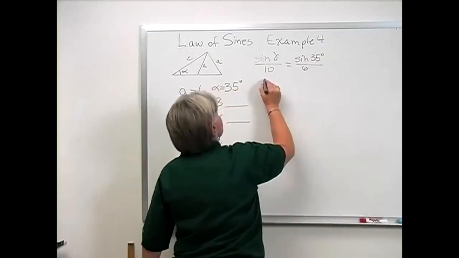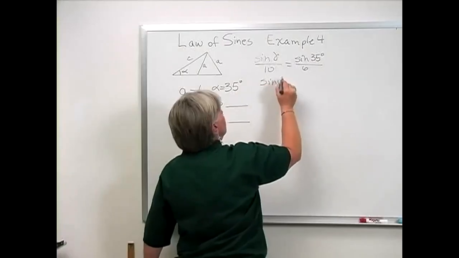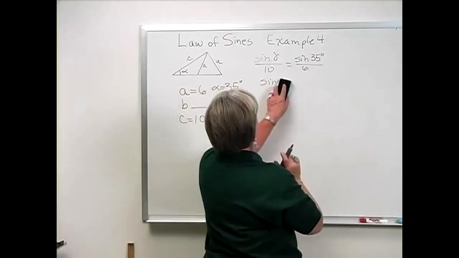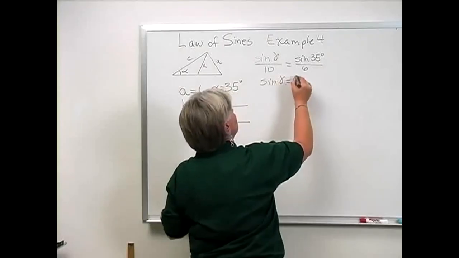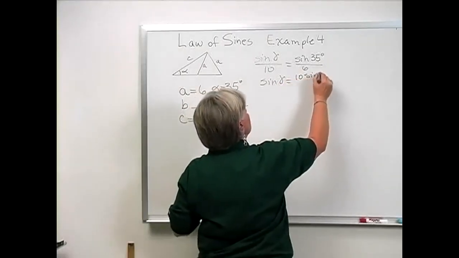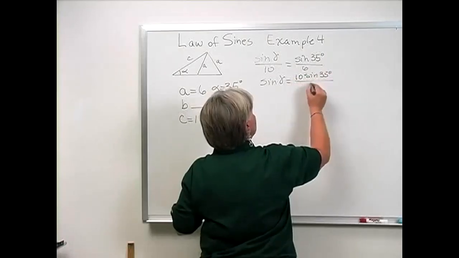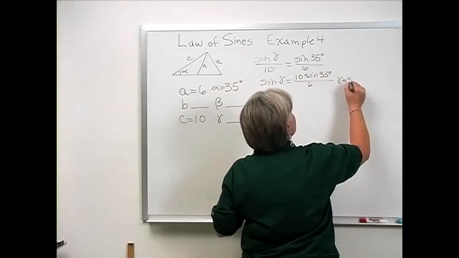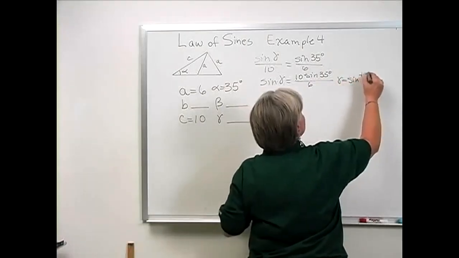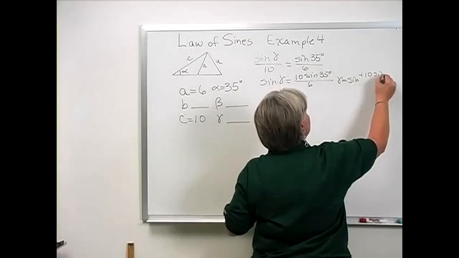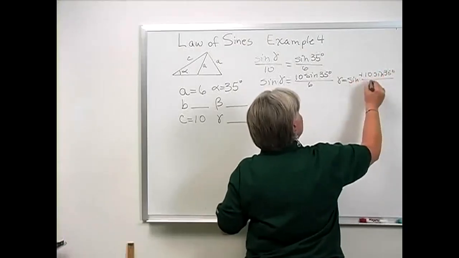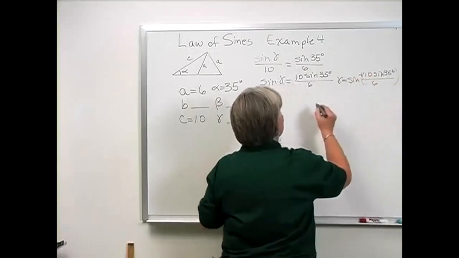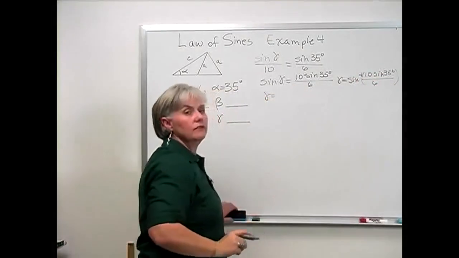So we have that the sine of gamma, oops, I wrote alpha, not gamma, the sine of gamma is 10 times the sine of 35 degrees divided by 6. So gamma is sine inverse of 10 times the sine of 35 degrees divided by 6. All right, so now we're going to find this first gamma.